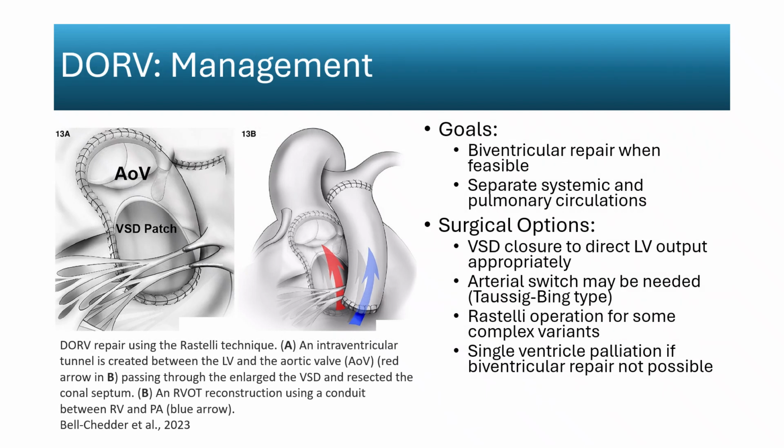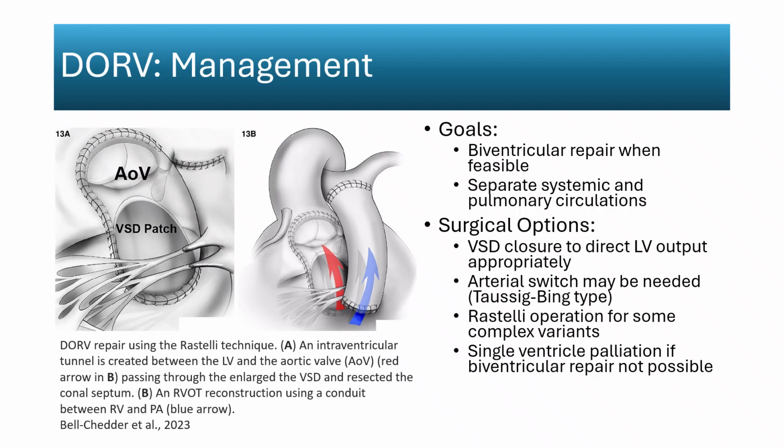The overarching goal in managing double outlet right ventricle is to achieve complete separation of systemic and pulmonary circulations whenever anatomy permits. Biventricular repair is preferred if the ventricular septal defect can be aligned to direct left ventricular output into the aorta. This often involves closure of the defect with a patch that channels flow appropriately.